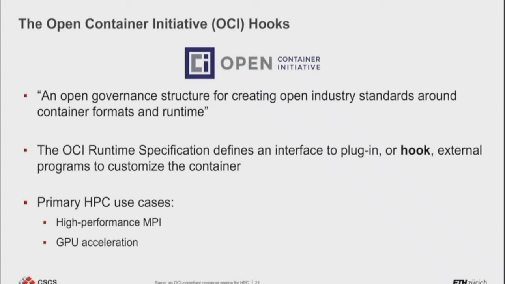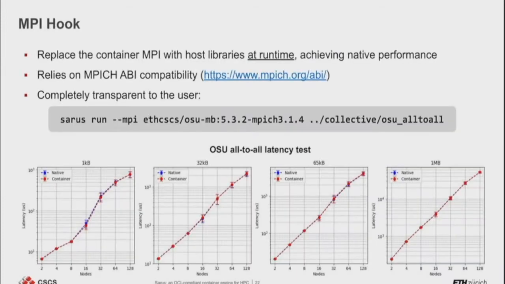So the fact is this: currently, as far as I know, there is no MPI hook provided by a vendor yet. So as part of the development of Sarus, we had to go on and create one ourselves. We developed a hook which is bundled with Sarus, compiled along with it and installed.